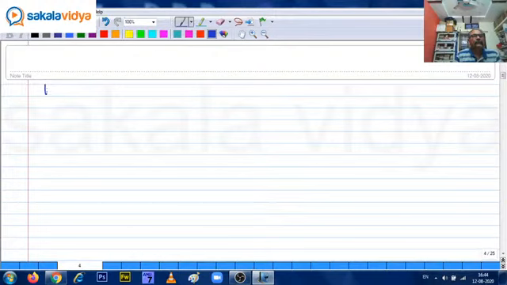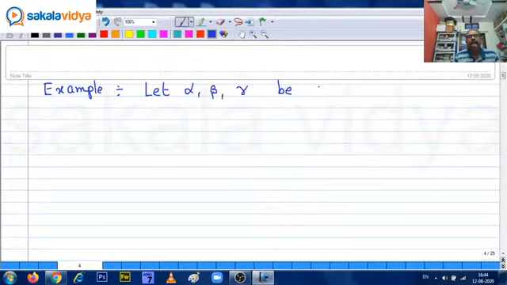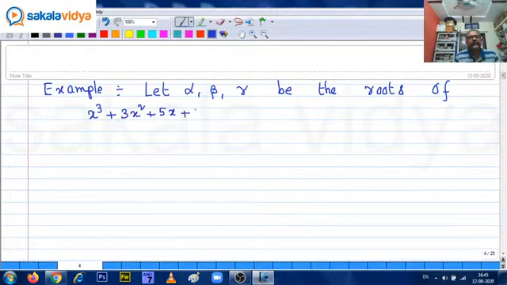So let us discuss one example now. Let alpha, beta, gamma be the roots of x cube plus 3x square plus 5x plus 7 equals 0.